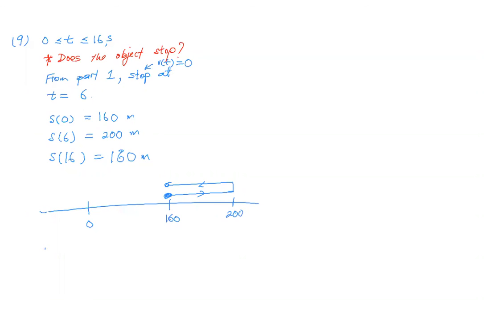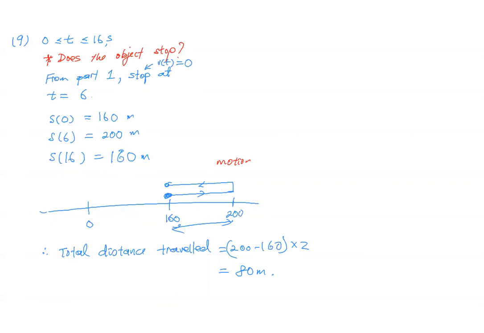So therefore, the total distance traveled will be equal to double this distance, correct? 200 take away 160, times 2. It happened to be like that for this case. So it's 80 meters. Hello, are you clear? So what do we call this diagram? Motion diagram.